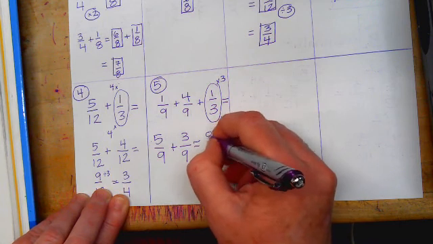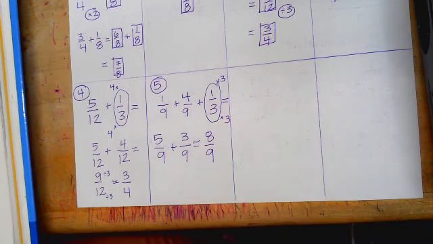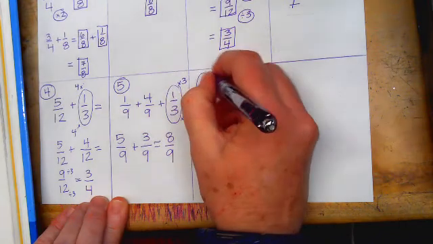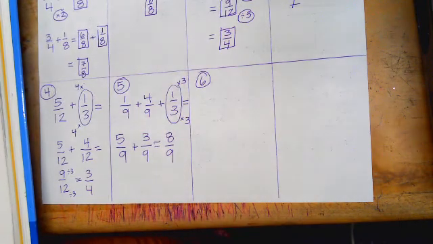So I'm going to have 1/9 plus 4/9 is 5/9 plus 3/9 equals 8/9. And I know that I can't reduce that any smaller. So I'm just going to have 8/9.